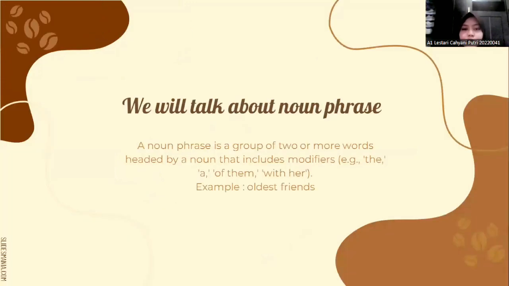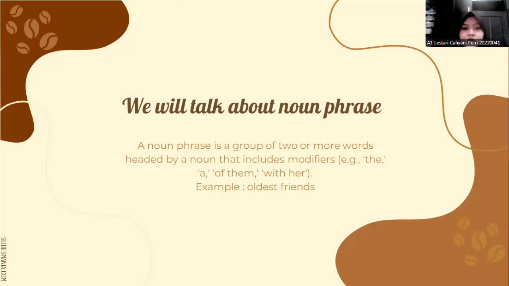Okay, we will talk about noun phrase. A noun phrase is a group of two or more words headed by a noun that includes modifiers. For example, all the friends. So, a noun phrase is a group of two or more words headed by the modifier.